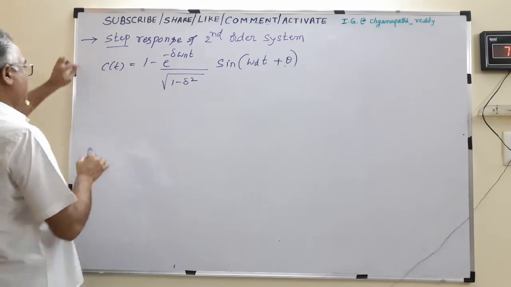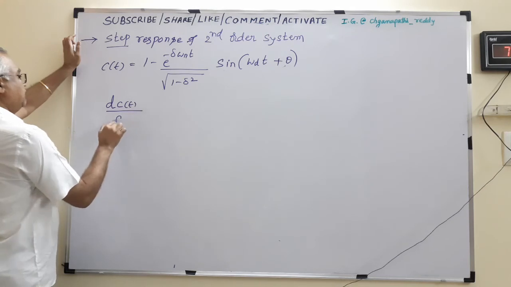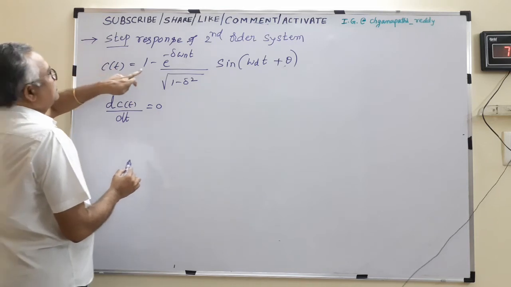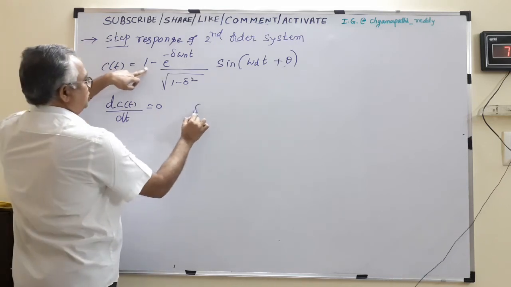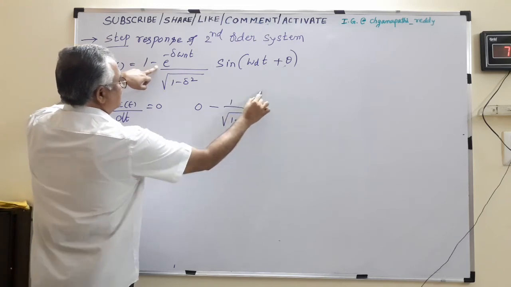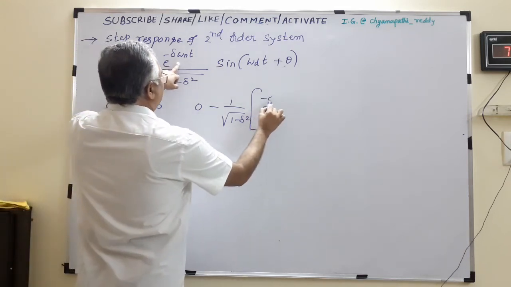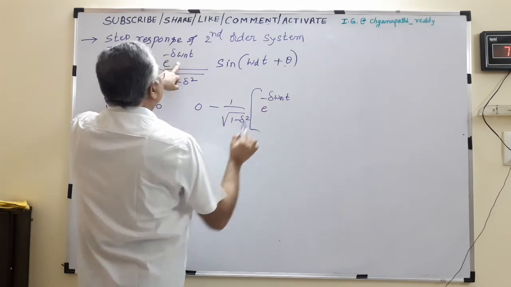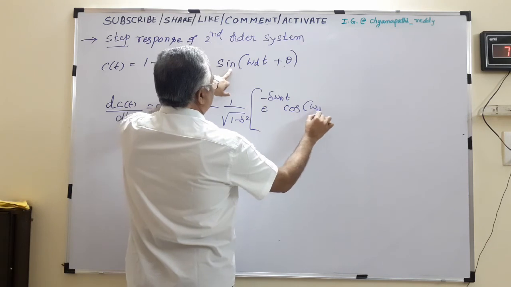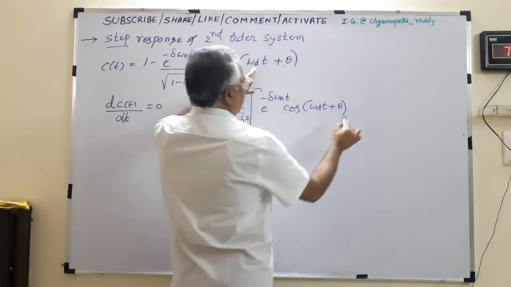So to find Tp, we have to differentiate: dC(t) by dt equal to 0. For a maximum or minimum, it is 0. The derivative of 1 is anyway 0, minus 1 by root of 1 minus delta square, using the u into v method: e power minus delta omega n t, derivative of this, so cos of omega d t plus theta plus omega d.